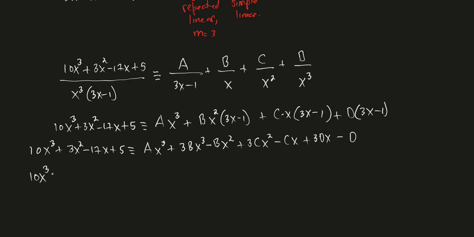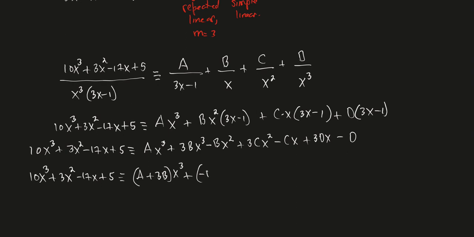All right. And it's in problems like this where you start to see the benefit of this other approach of essentially collecting all the like terms and then matching up the coefficients. So for the x cubed, we have a plus 3b times x cubed. For the x squared, I'm going to write it like this.